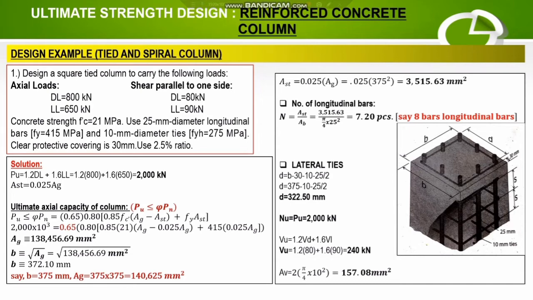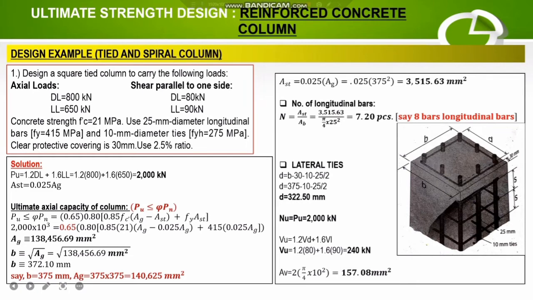I am using the book of Engineer Gillesania, and he suggests that the ideal value in designing the longitudinal reinforcement of a tied column is 0.015 Ag to 0.03 of Ag.